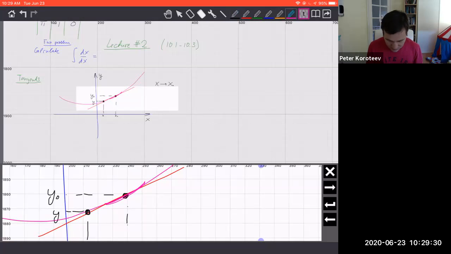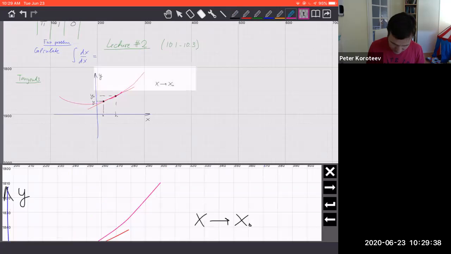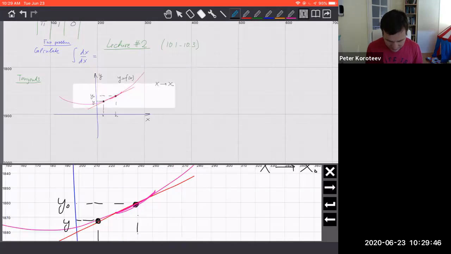And so this is the notion of the tangent line. The tangent line to the graph of the function y equals f of x at point x0 is a line which almost coincides with the graph at that point, right?